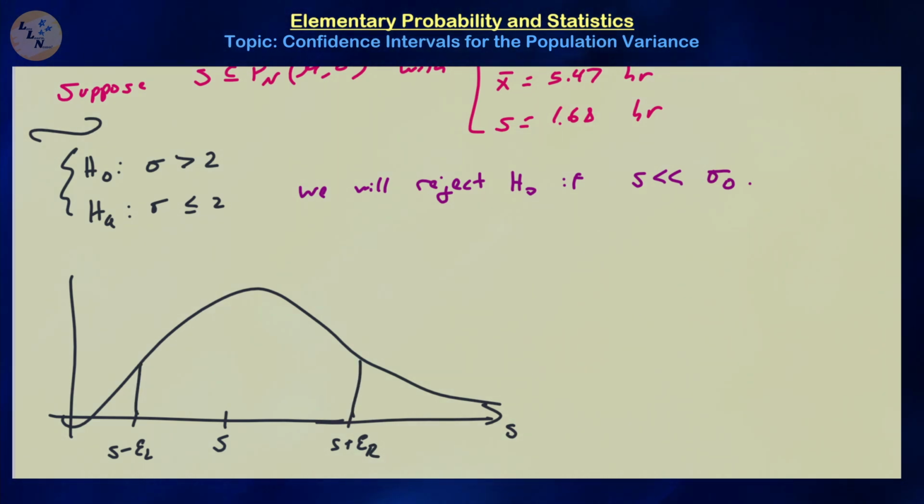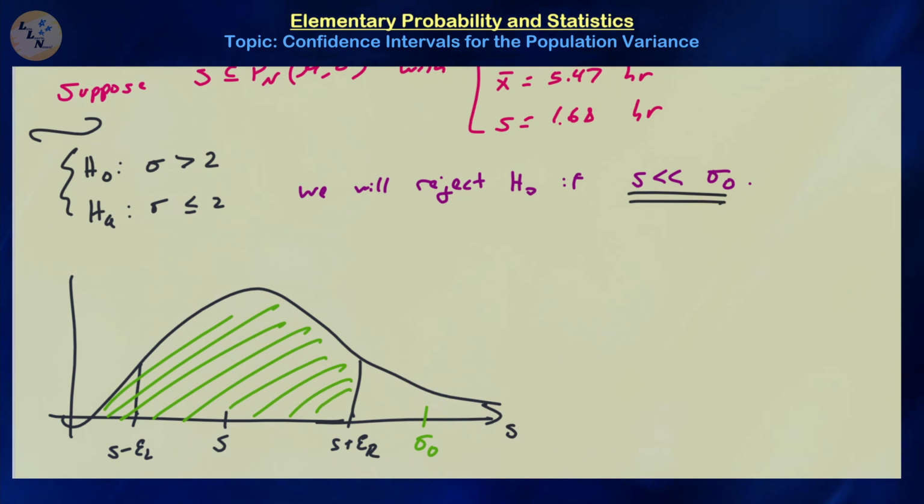Remember, we're going to reject if S is significantly less than sigma 0. So that means sigma 0 should be somewhere up here in order for us to reject it. So that means our confidence is everywhere to the left of some boundary up front.